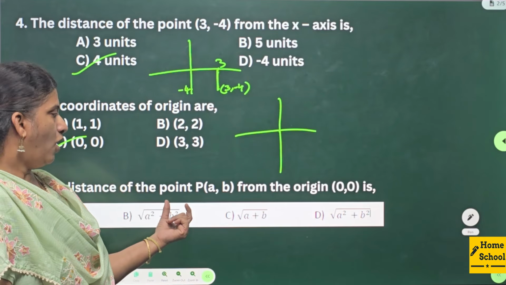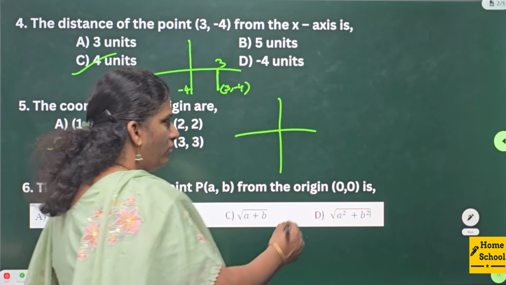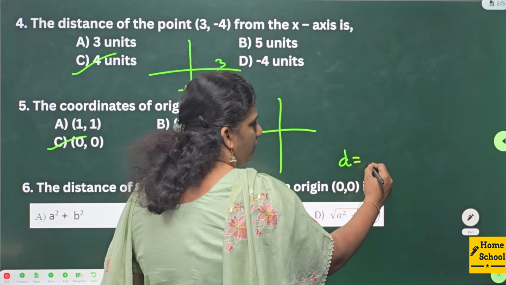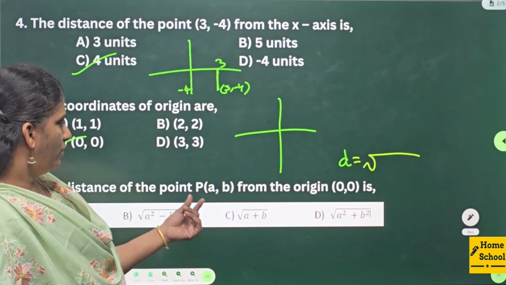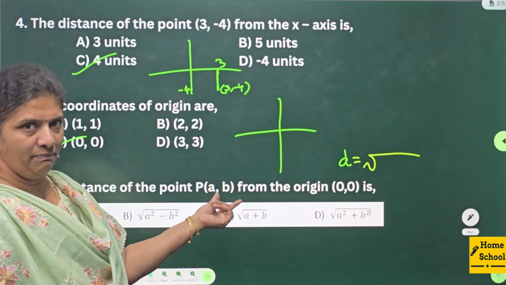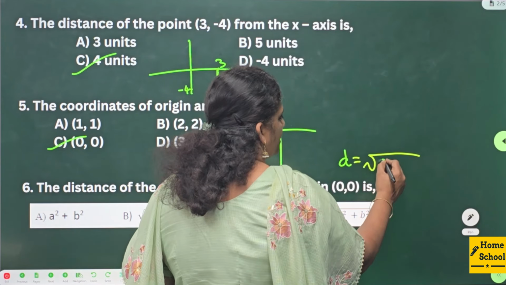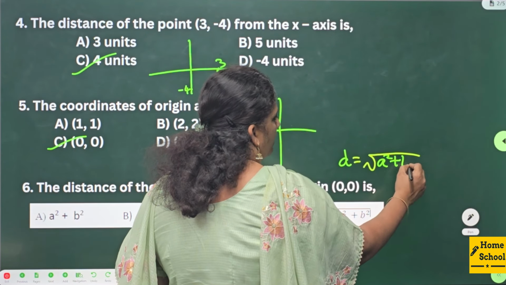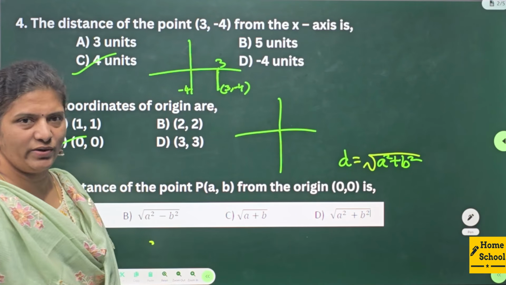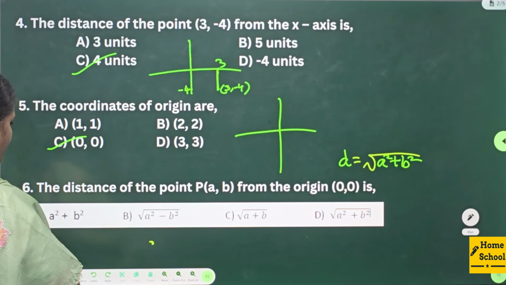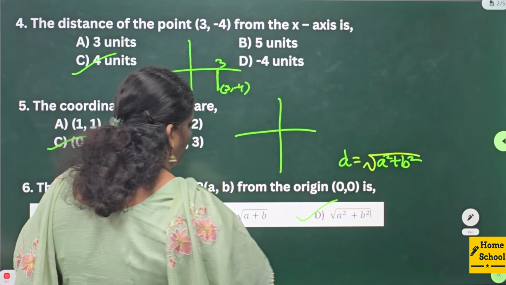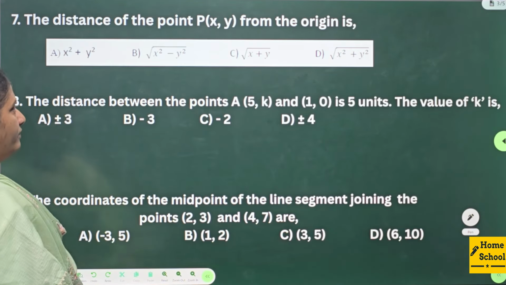The distance formula we know. What is that? D is equal to square root of, the coordinate is a, b. That means D is equal to square root of a square plus b square. This is your answer. Option D.